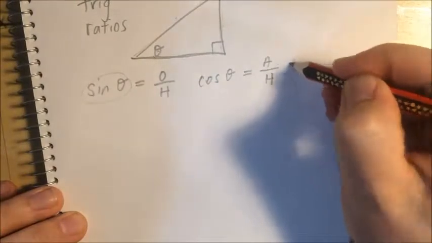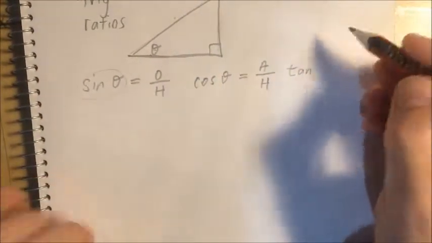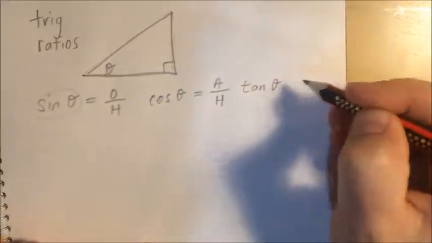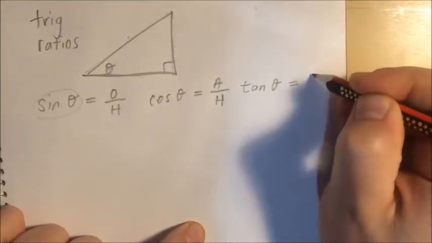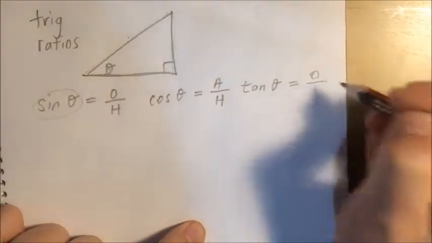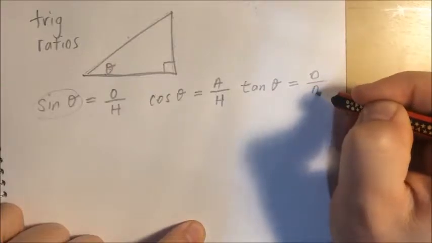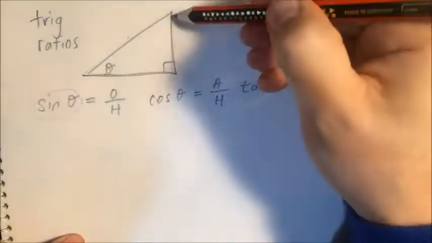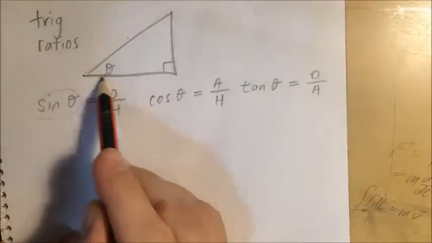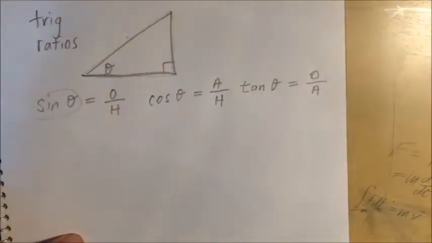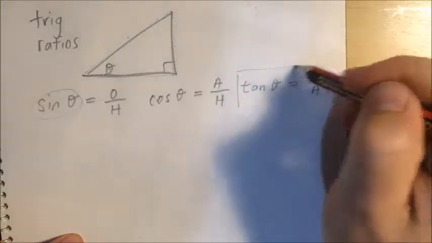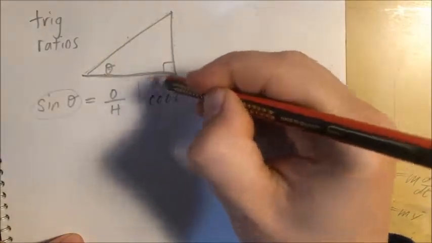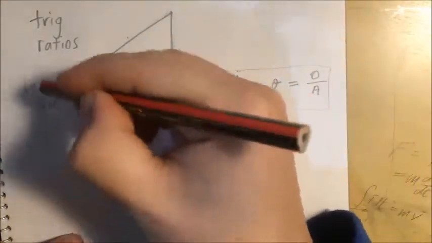And the last one, tan, the tangent of theta, equals the opposite over the adjacent. So it doesn't use the hypotenuse; it gets the opposite length divided by this length here. So these are the three trig functions that we use.